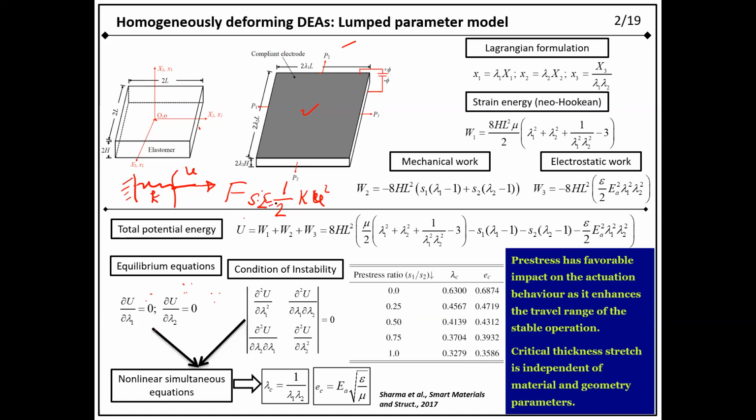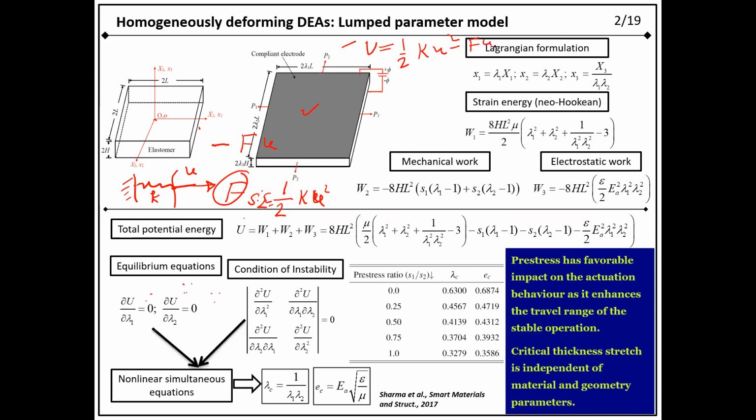The work potential, or work done by this force F, will be nothing but minus F times U. That is the external work done. So the total potential energy is the strain energy plus the work potential, which will be half of K u square minus F u.